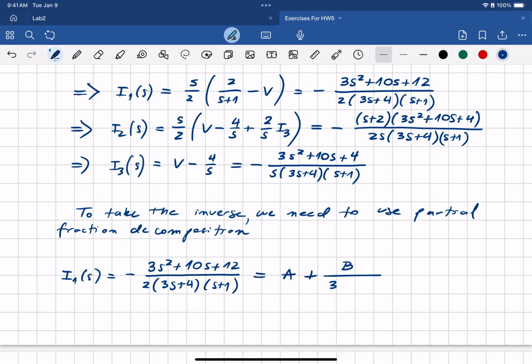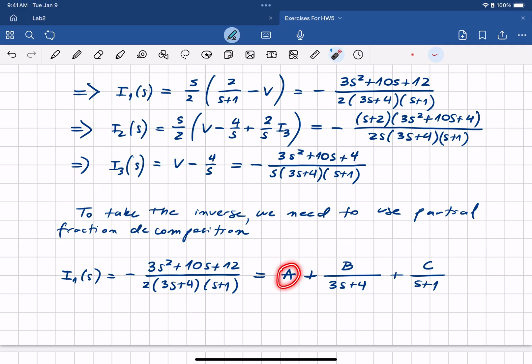So over 3s plus 4 plus another value over s plus 1. That's the key: how we can decompose this into individual terms. Why individual terms?